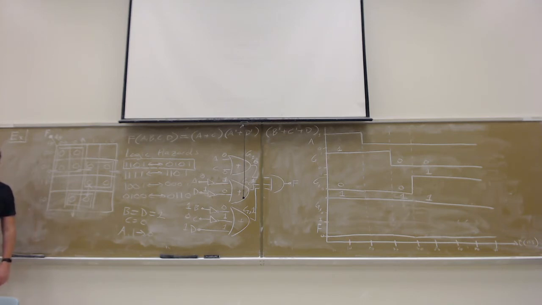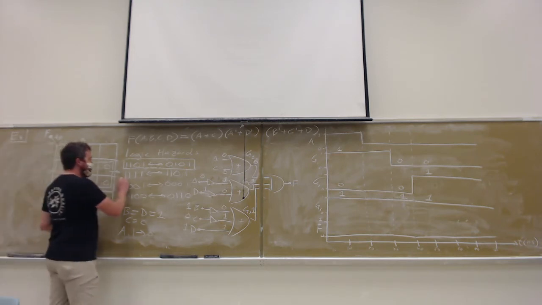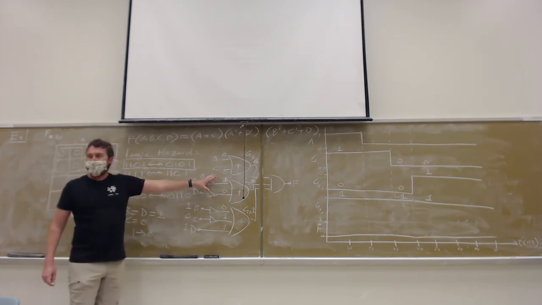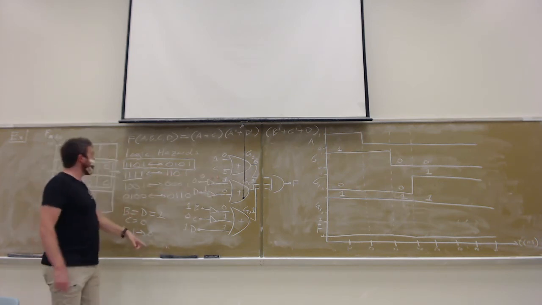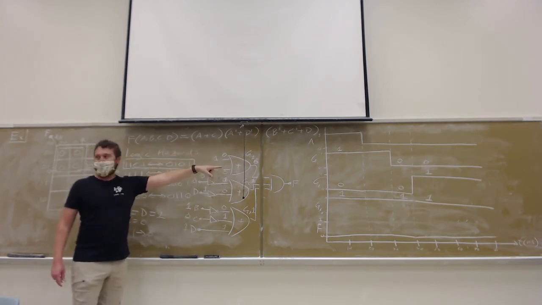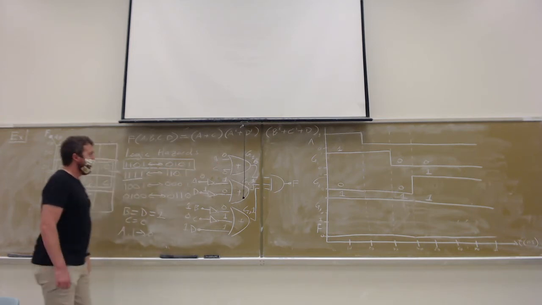So this is the input to the system, but that's not what happens here, right? Right here, there's the Boolean expression that we figured out. It's this thing up here. That's what affects the output. Okay, I see what you're saying. You sure? Okay. All right.